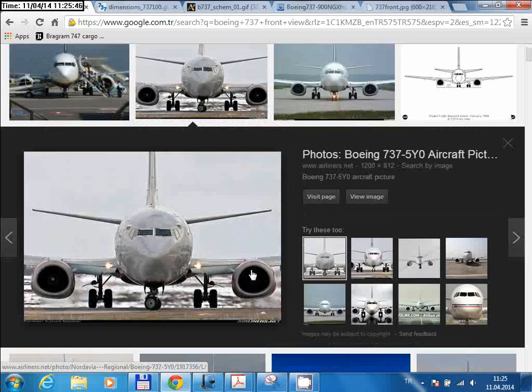The reason for that is, while improving the design, they didn't want to change the landing gear system. Okay, and it has a certain ground clearance, right? So the distance between the wing and the ground is so much. So to leave sufficient clearance here, they had to use such a weird shape.